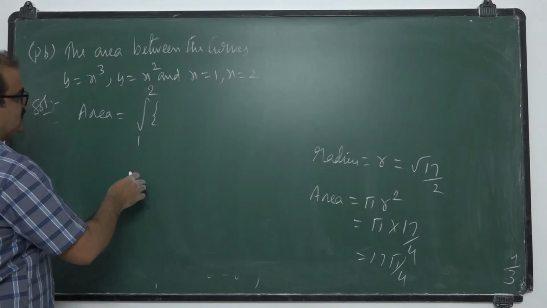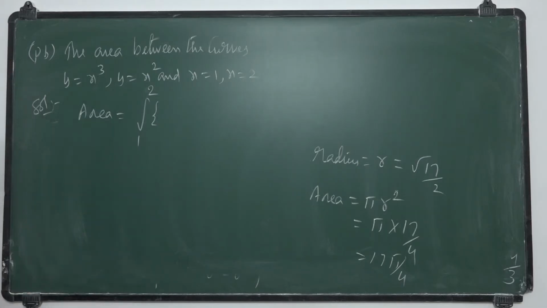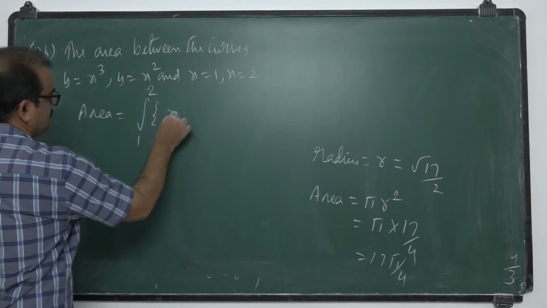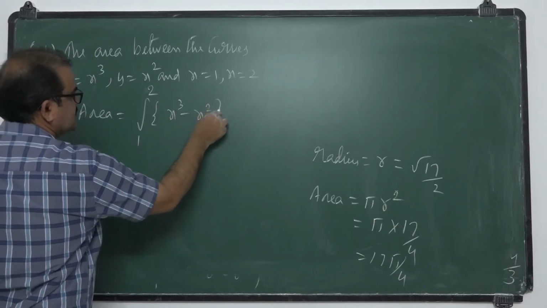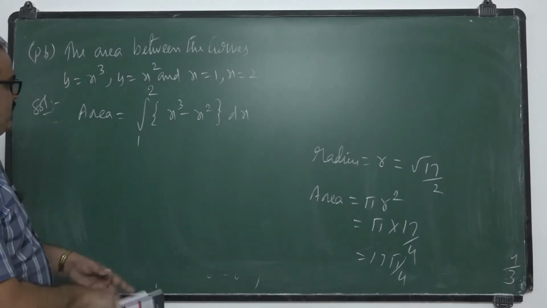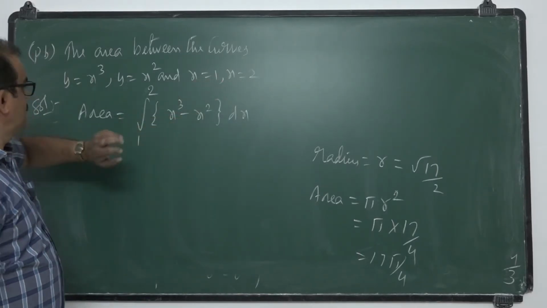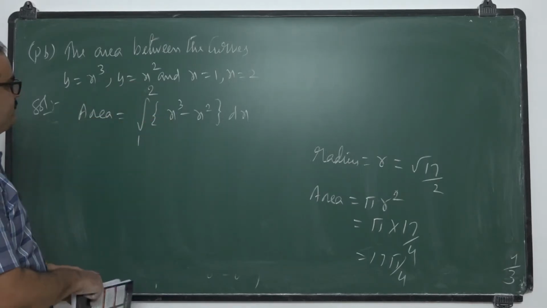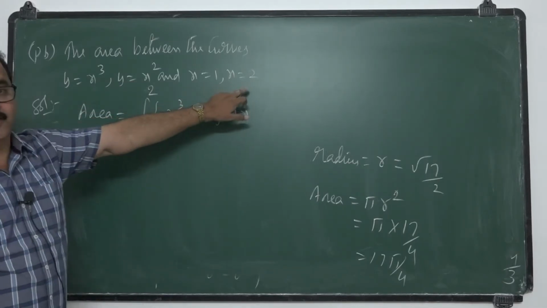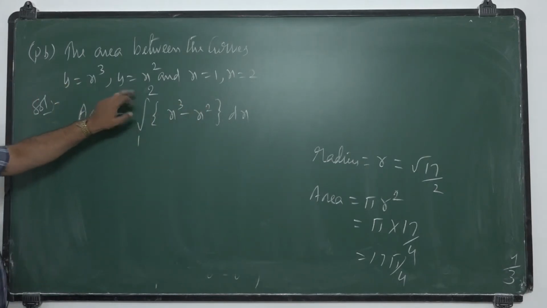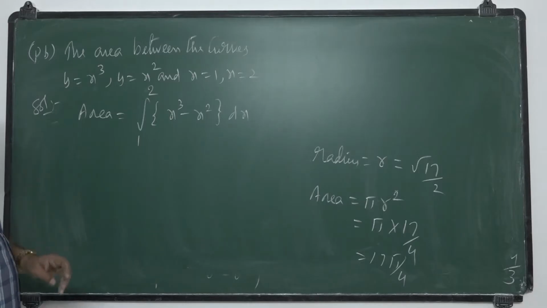When two curves are known, the area between the curves is integral of f of x minus g of x, that is x cube minus x square into dx. When the limits are known and curves are given, directly we find the area. If the limits are not given, then solve these two curves and find the values of x.